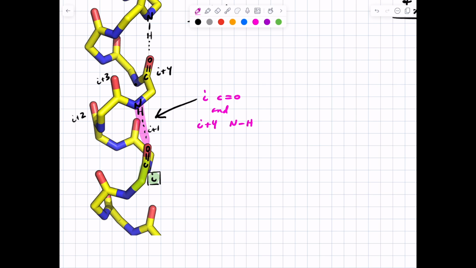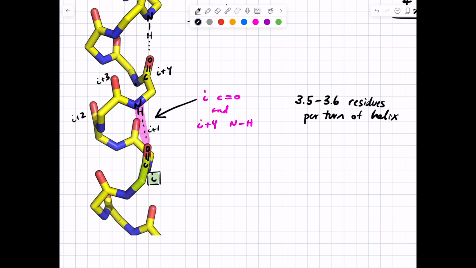And in general, because of that hydrogen bonding pattern, they've done the math and they've figured that there are about 3.5 to 3.6 residues or spaces per turn of the helix.